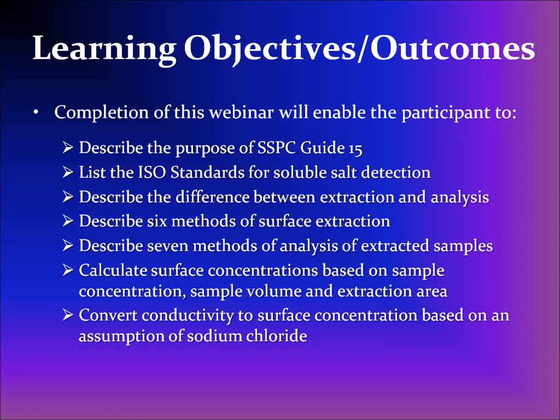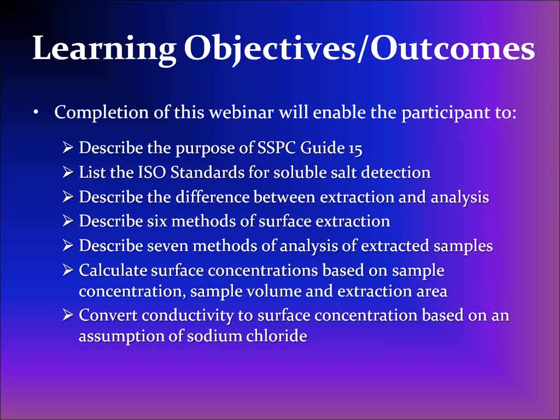There's 7 learning outcomes or objectives for this webinar. So when we're done, hopefully you'll be able to describe the purpose of SSPC's Guide 15, be able to list 6 parts to the ISO standards that all address soluble salt extraction and or analysis procedures, be able to describe the difference between sample extraction and analysis of the extracted sample.